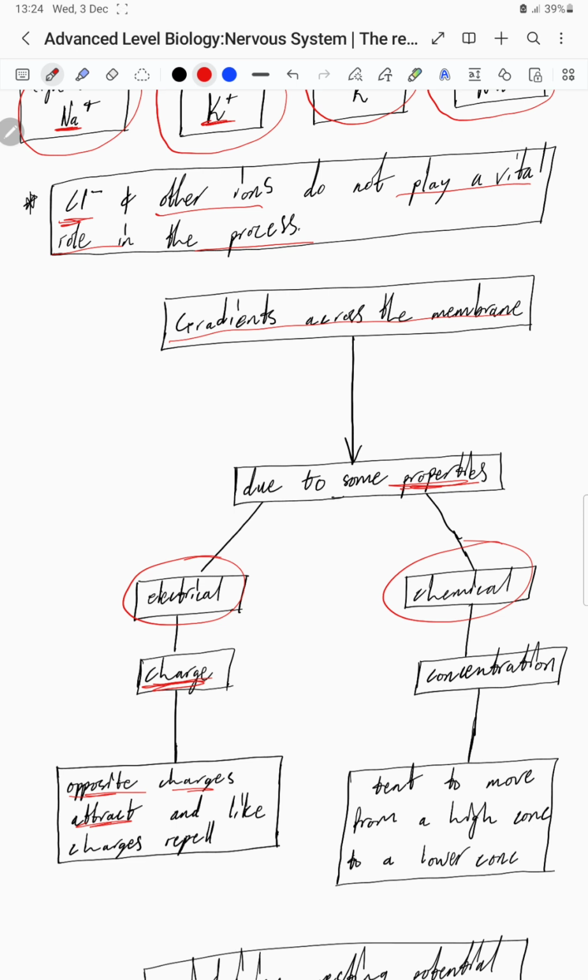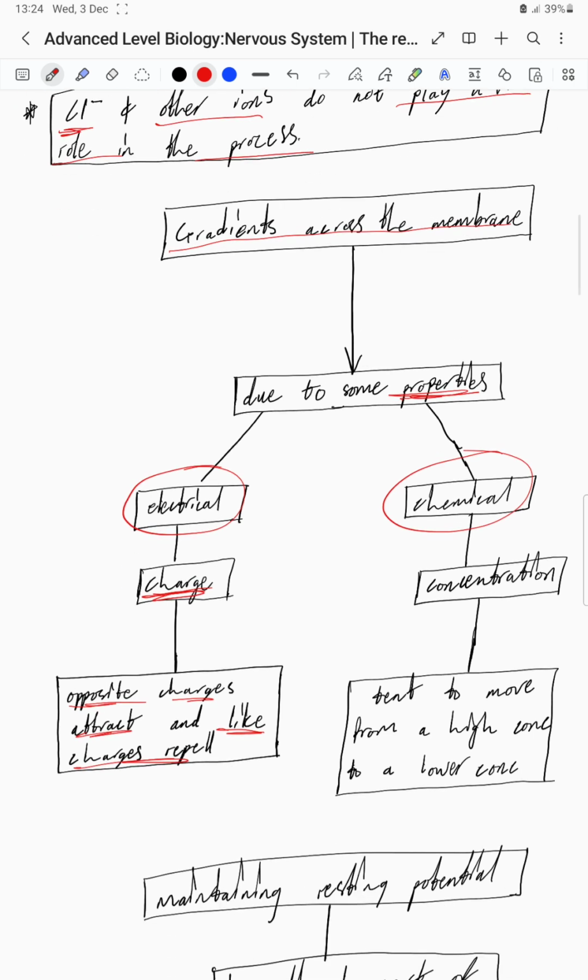So that means if the outside of the membrane is positive and the inside is negative, the positive charge will tend to move inside the cell, and like charges repel. That means if an ion is negative, it will most likely not be supported to move into the cell.